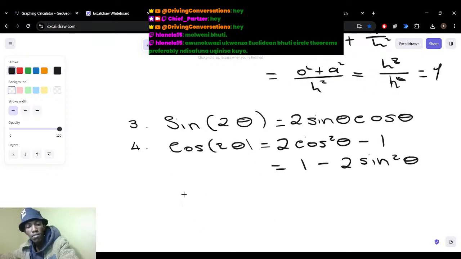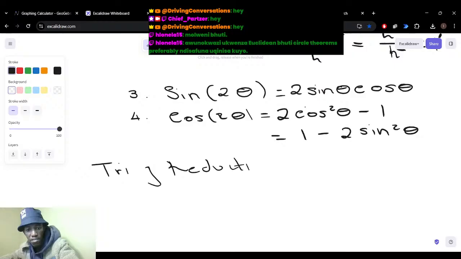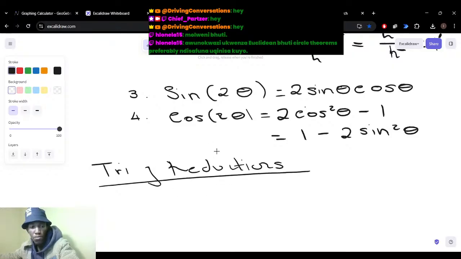So what I'm going to do now is cover trig reductions. So let me just write a big trig reduction.